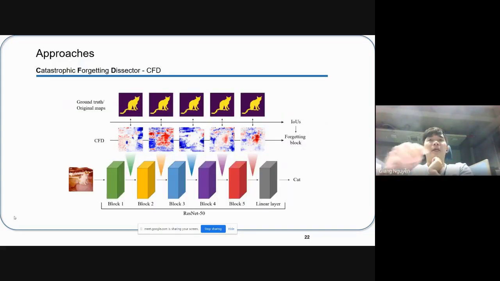So in M19, we have to get a representative feature map, because in a block of a deep neural network we have many channels, and each channel will generate a feature map. So we have to choose just one feature map from many feature maps in one block.